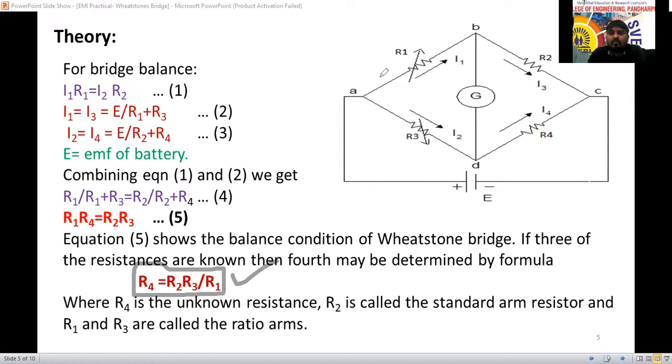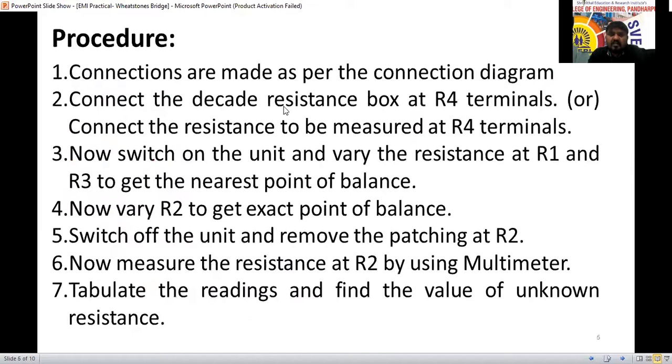Next, we will discuss the procedure. As per the kit, we have to make the connections as per the circuit diagram and switch on the supply. Connect the decade box and all the things; I will explain this procedure with the kit.